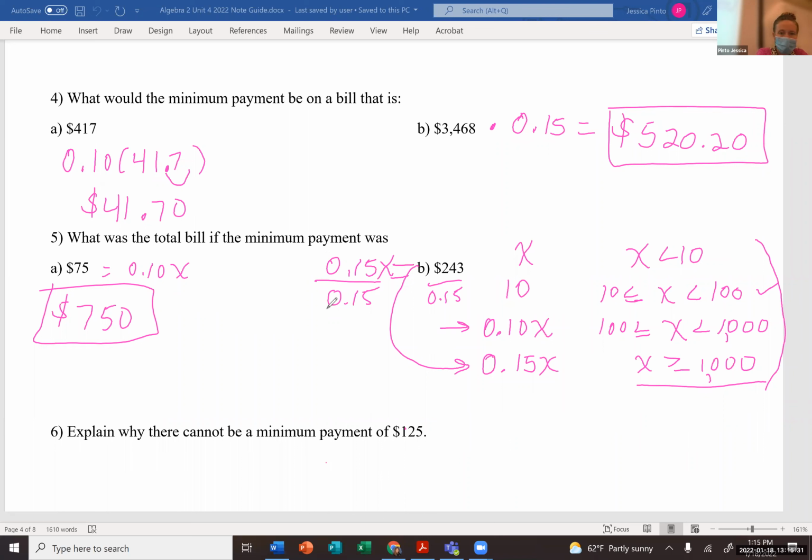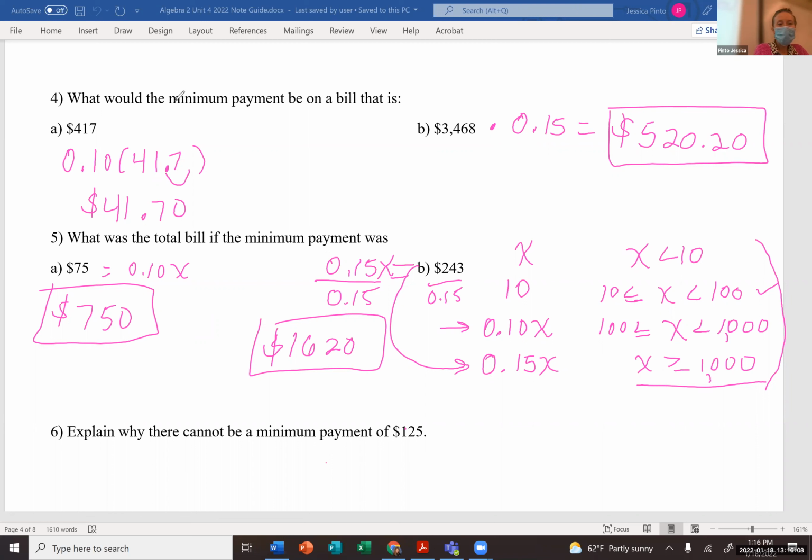Let's see. Not quite. I got 1620. Did you also get 1620? Yeah. When you divide by a decimal, it makes the number bigger.